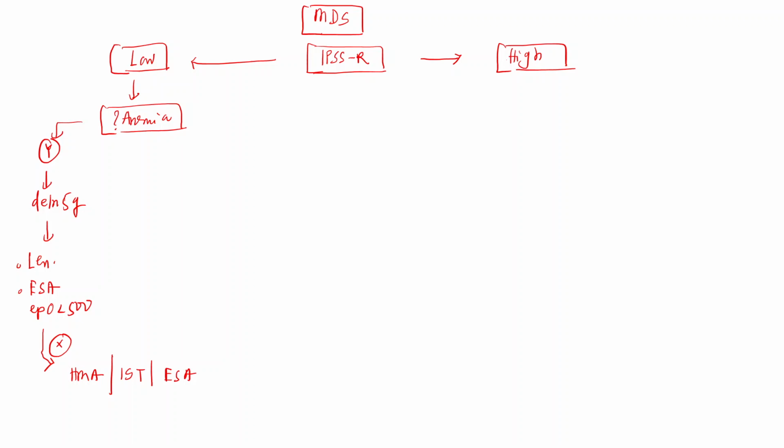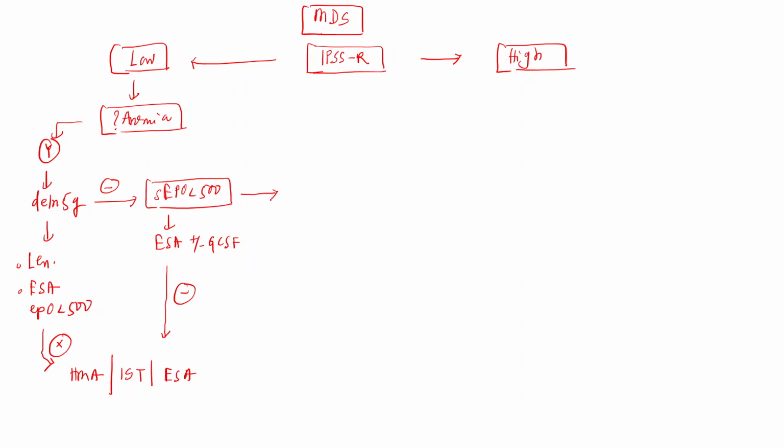Then if deletion 5q is not there, look for serum EPO. If serum EPO is less than 500, you give them ESA plus or minus GCSF. If that doesn't work, if failed, then you can give hypomethylating agent or immunosuppressive therapy if it is fitting into the indication of immunosuppressive therapy, that is hypocellular marrow.